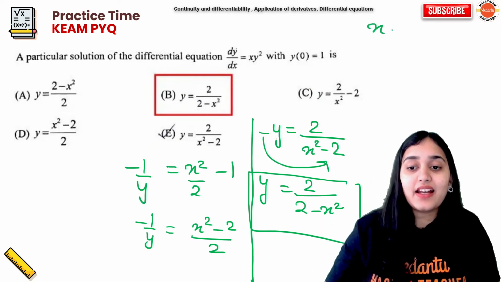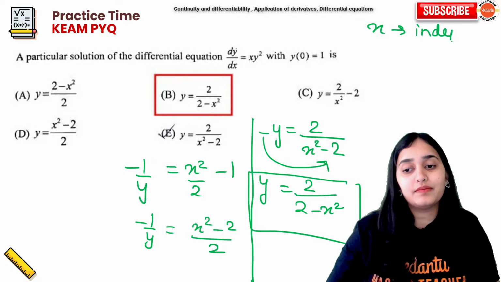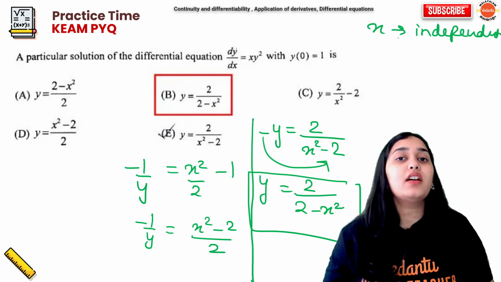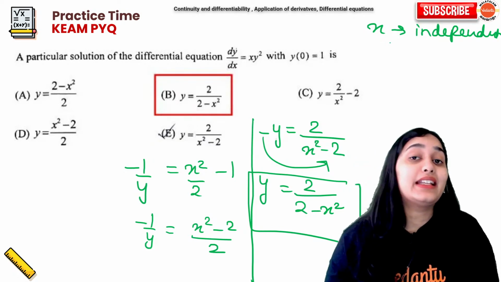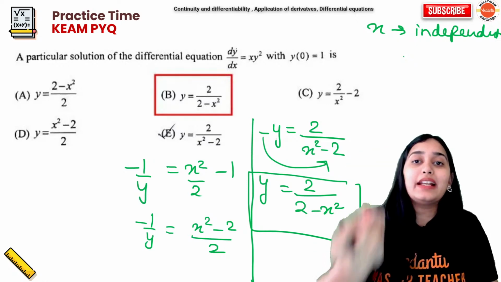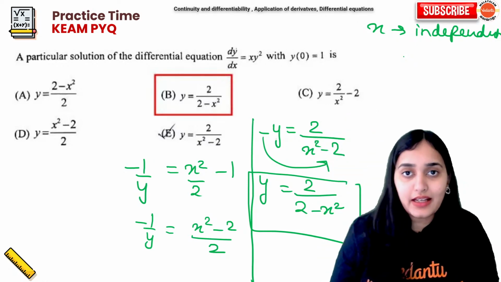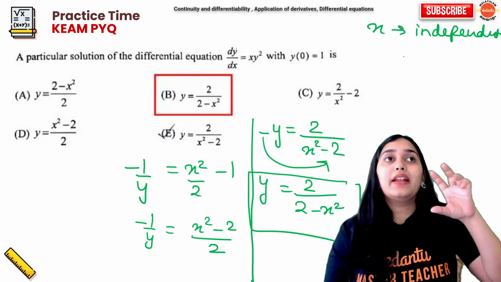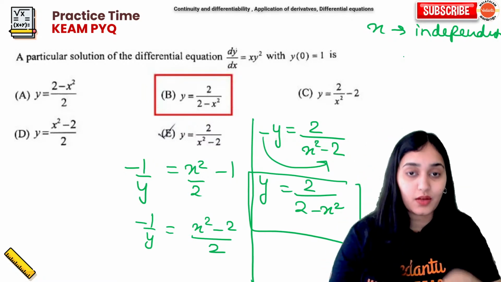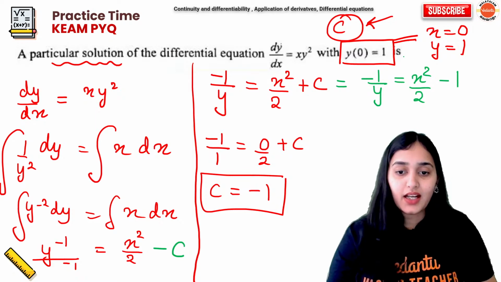See, x is the independent variable. So only with the independent variable we put the constant value. It denotes that some constant can come in integration.